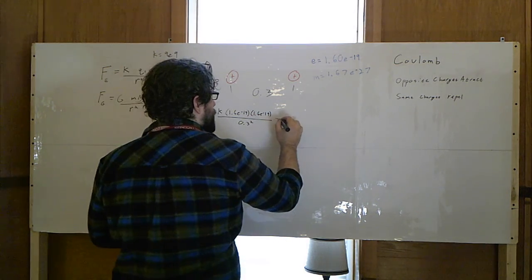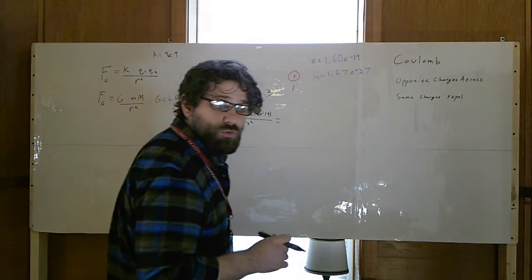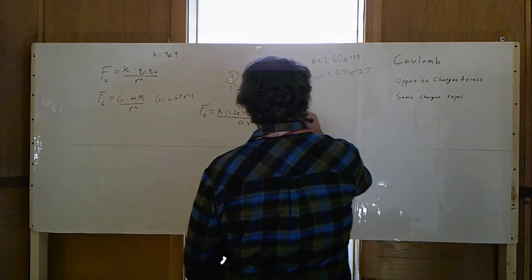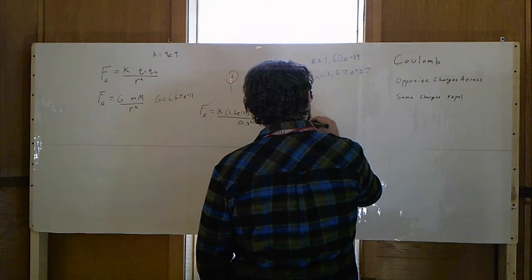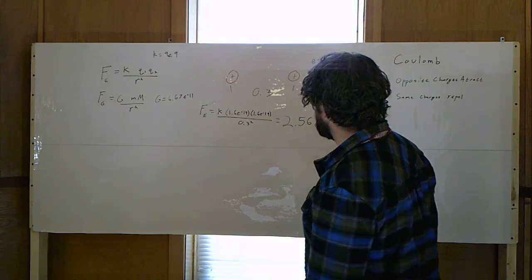Let's plug that into our calculators. Punching all these numbers into my calculator, I get 2.56 e to the negative 27.